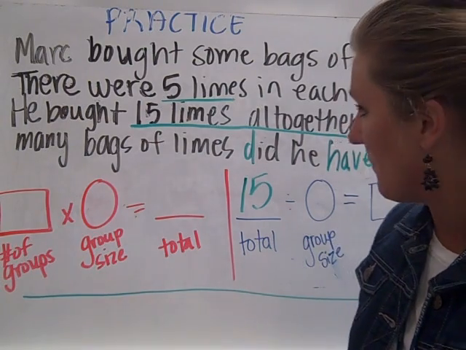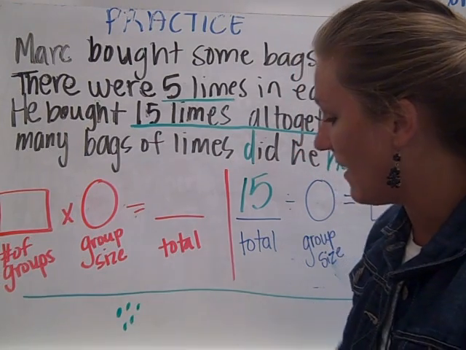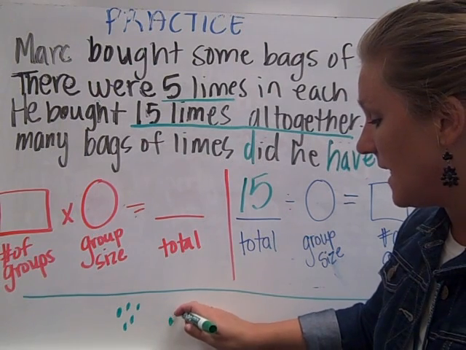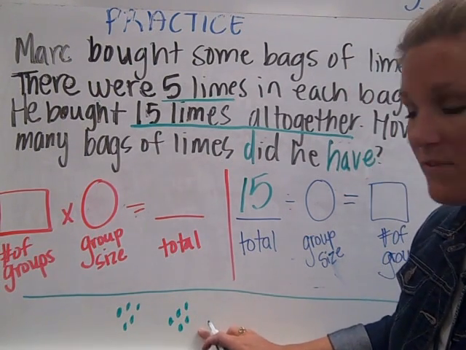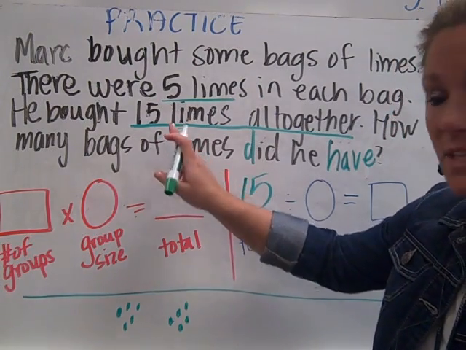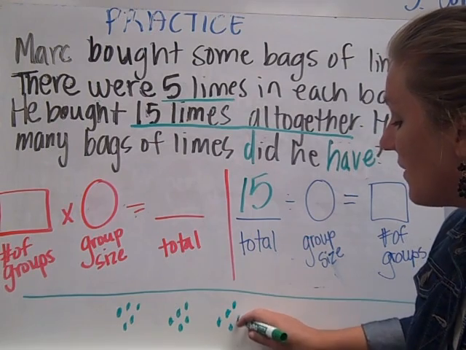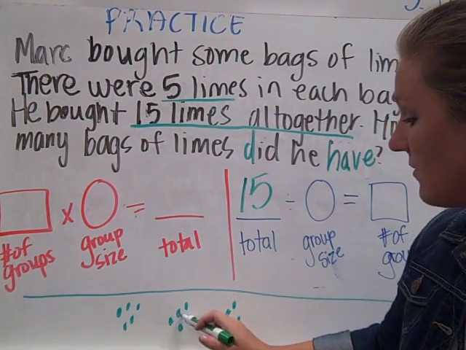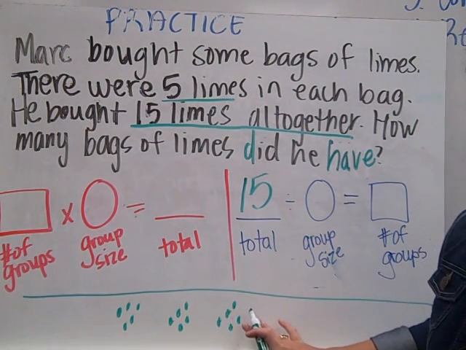So watch this example. I'm going to do 1, 2, 3, 4, 5. I'm going to move over and keep going. 6, 7, 8, 9, 10. That's my second group of 5, but I need to get to 15. 11, 12, 13, 14, 15. I'm going to stop. So notice that these are my bags of limes, and I have 5 in each bag.